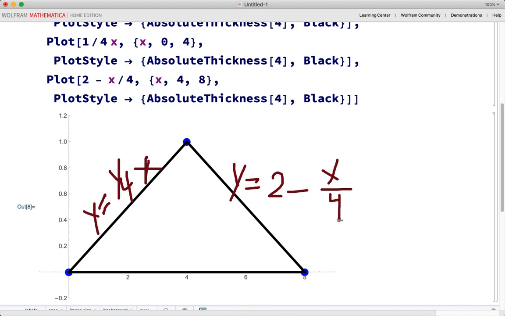Now, there are different ways of thinking about this problem. If I was going to do this problem, what I would actually do is split this up into two separate iterated integrals. However, that's not what they want you to do for this problem.